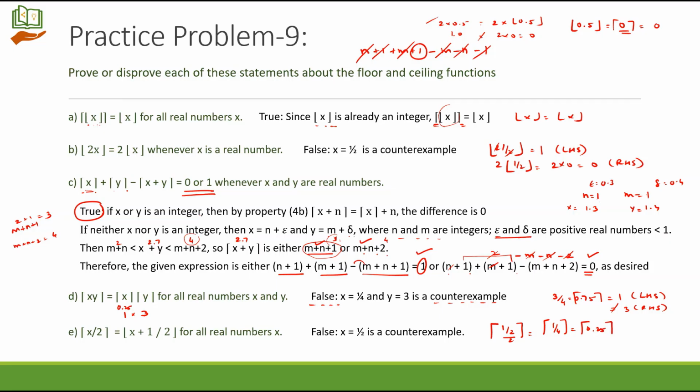This will be equal to 1, and this is the LHS part. What about the RHS? We have 1 by 2 plus 1 by 2. So 1 by 2 plus 1 will give you 3 by 2 by 2. This will be 3 by 4. What is 3 by 4? It is 0.75. What have they applied here? Floor function. What is floor of 0.75? It is 0. This is the RHS. Are they equal? No. So we can say it is false.